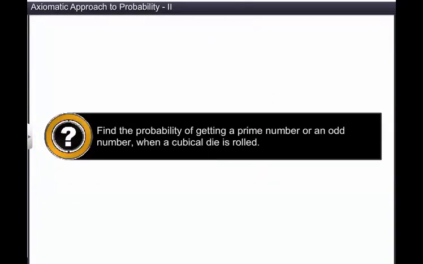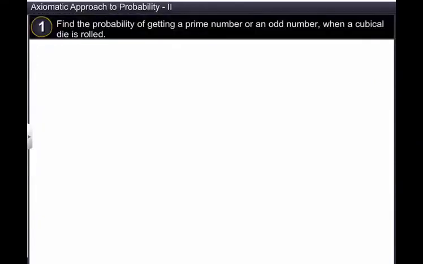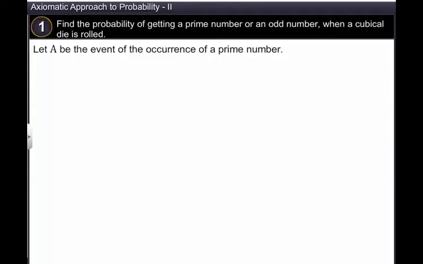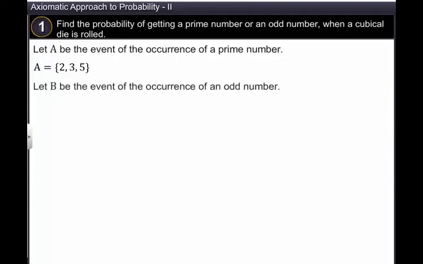Let A be the event of the occurrence of a prime number. It will consist of the numbers 2, 3, and 5. Let B be the event of the occurrence of an odd number. It will consist of the numbers 1, 3, and 5.